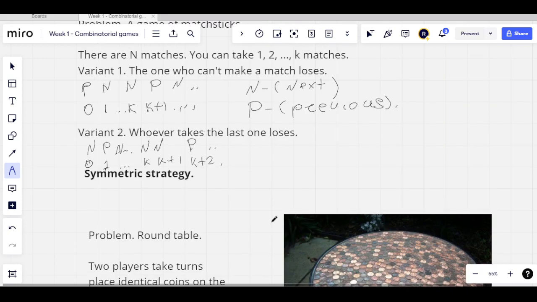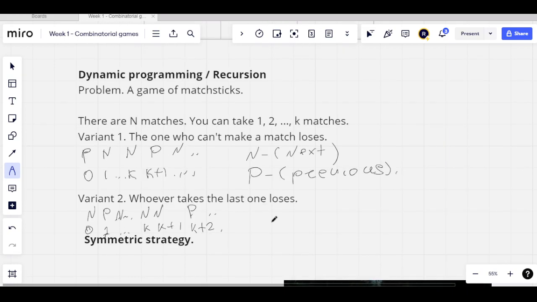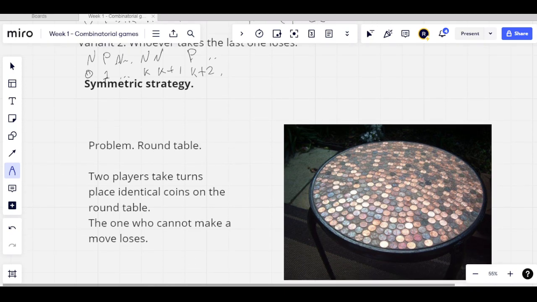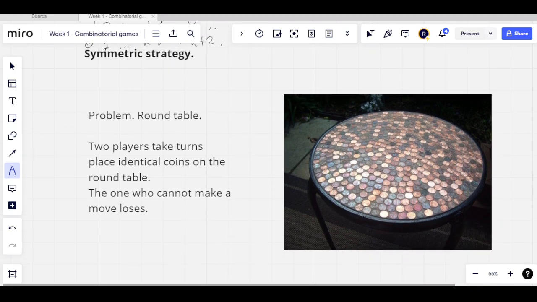Next, consider the symmetric strategy. We will win in this case in O(1). Consider the following problem, round table. Two players take turns placing identical coins on a round table, and the one who cannot make a move loses.